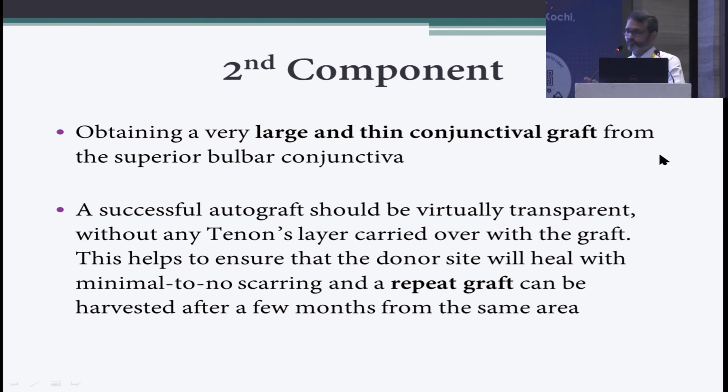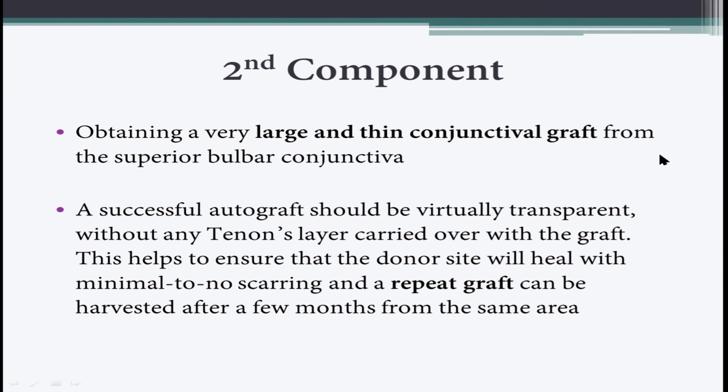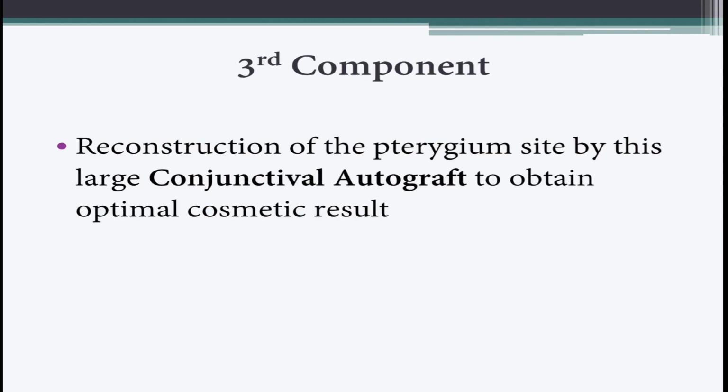And again, after a few months, it will reepithelialize, and the same area can be used to harvest another graft if needed. The third component is reconstruction of the pterygium site with the large conjunctival autograft to obtain optimal cosmetic result.